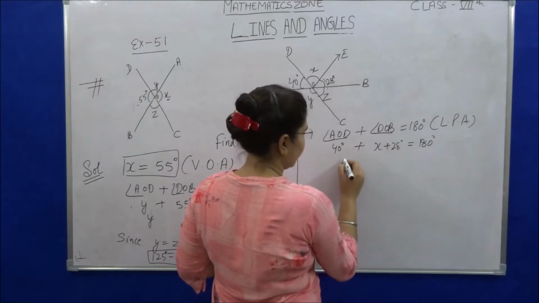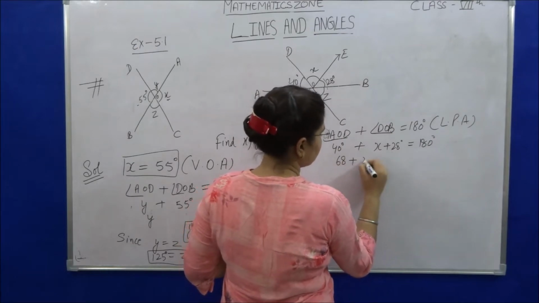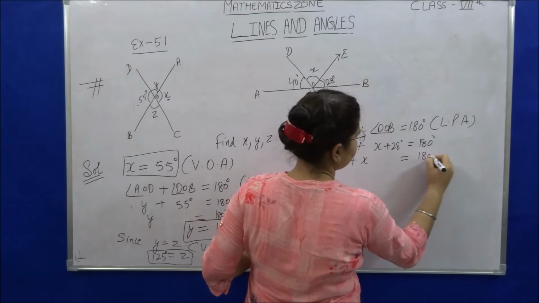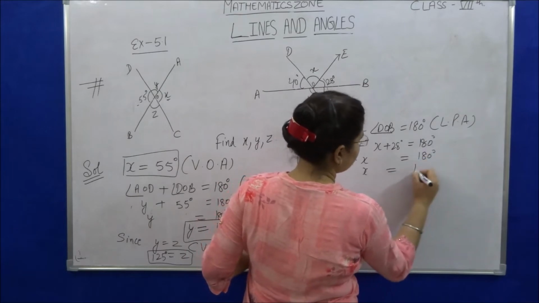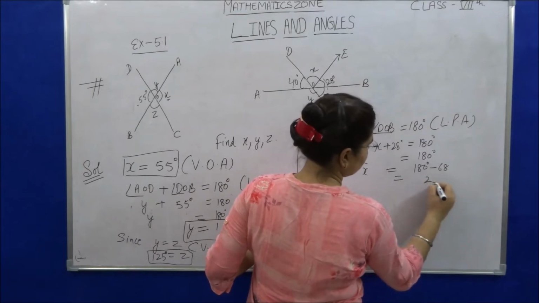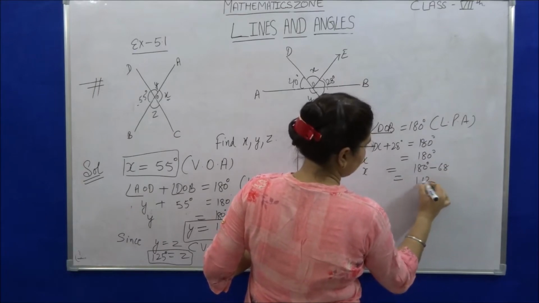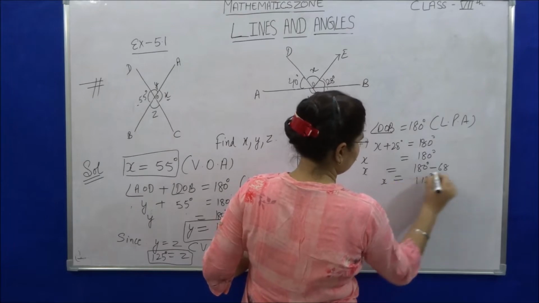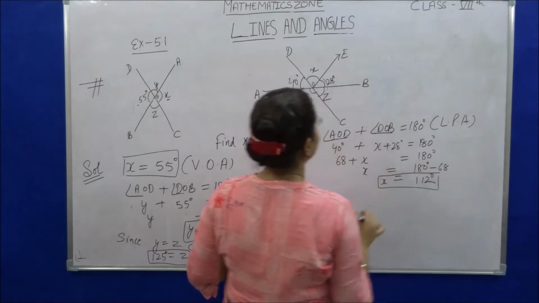Now 40 plus 28 is 68, plus X equals 180. So the value of X will be 180 degrees minus 68, that will be equal to 112. So the value of X is 112 degrees.